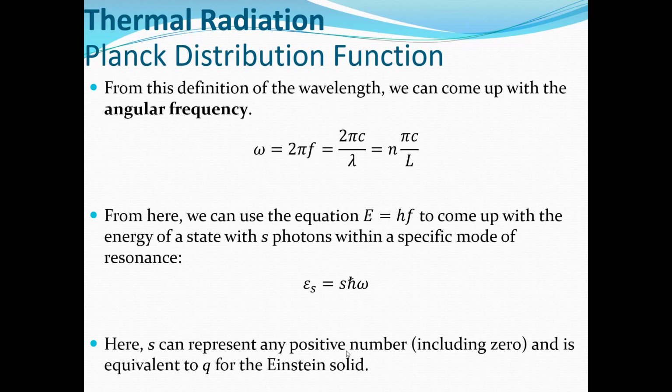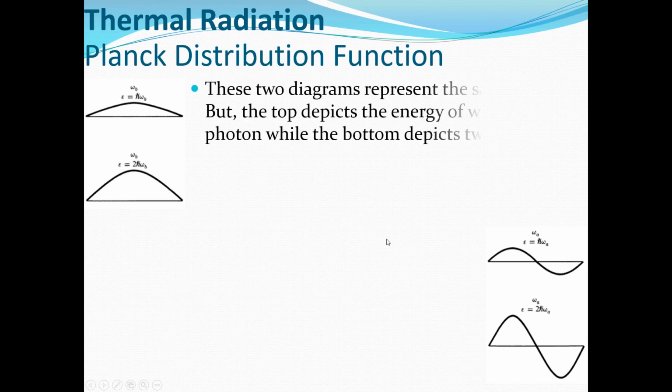For the most part, this is very similar to Q in that it's pretty much the number of energy units involved. So this term refers to the frequency part, mainly the omega part, and the s is related to how many there are. Here are two examples of that.